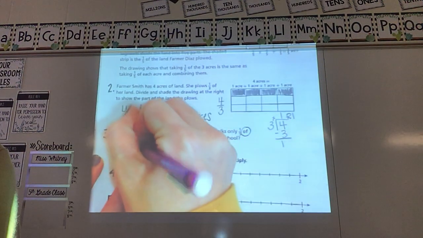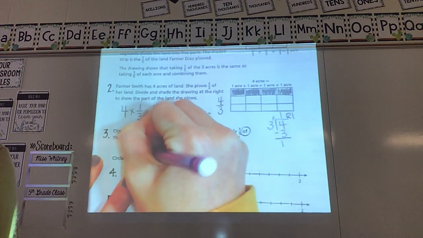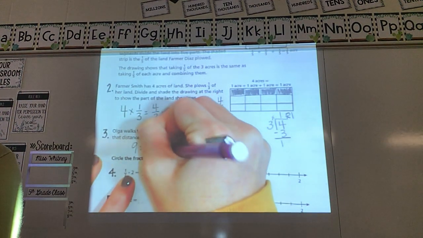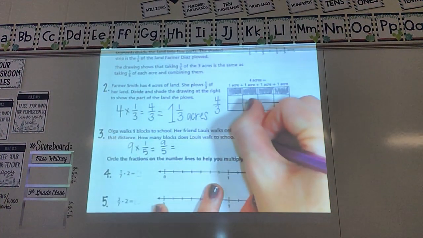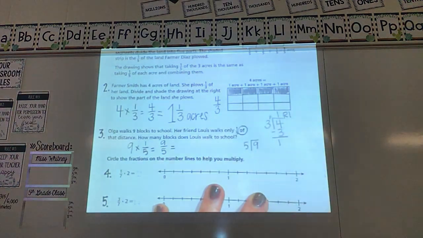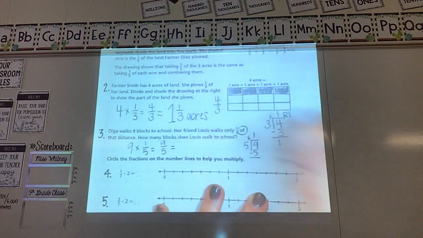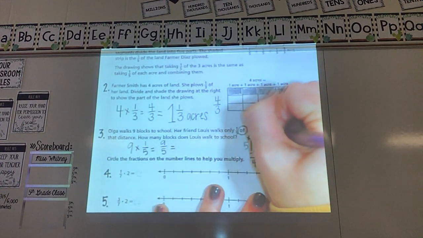Multiply. 9 times 1/5. What is 9 times 1/5? 9/5. And we need to fix it, so we need to divide. 9 divided by 5. That will go in there 1 time. 5. What is 9 minus 5? 4. So I have a remainder 4.